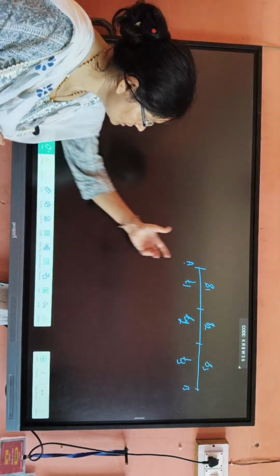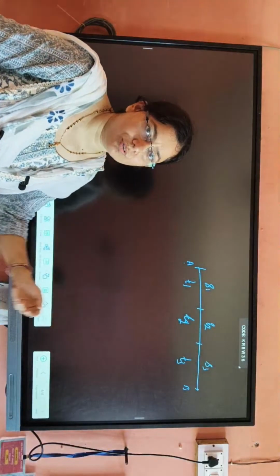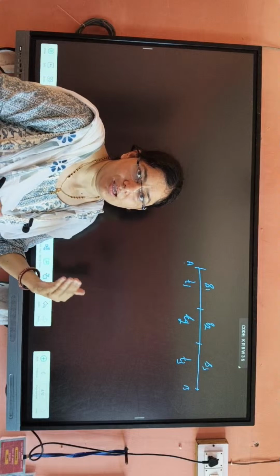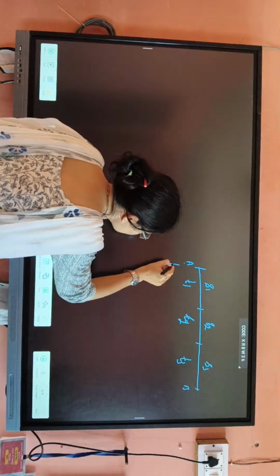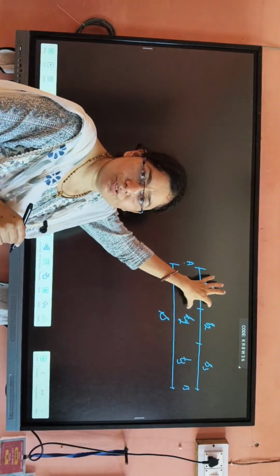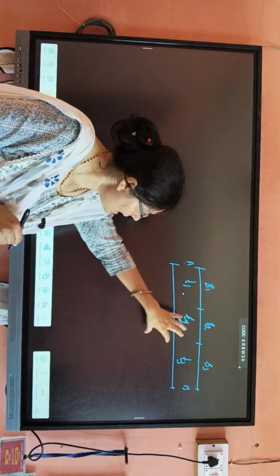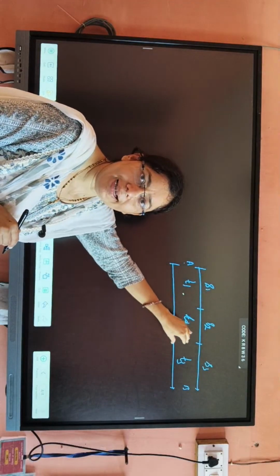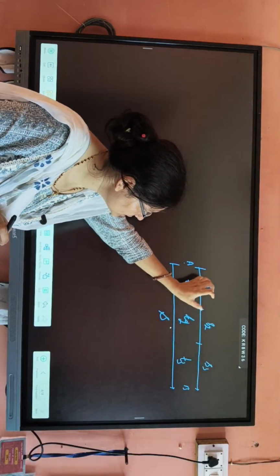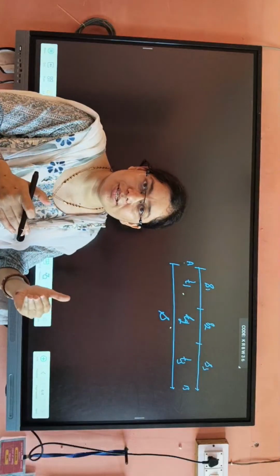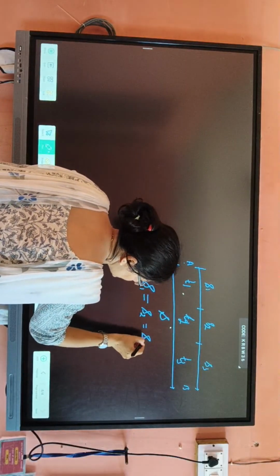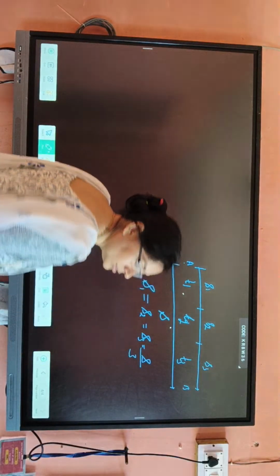If this is divided into equal ratio, if S1, S2 and S3 are all divided into equal parts, then the question says 1/3 of the total is traveled within T1 second, next 1/3 within T2, and next 1/3 within T3. So we are assuming these 1/3, 1/3, 1/3 are all equal portions, so we can write S1 equal to S2 equal to S3 equal to S by 3.